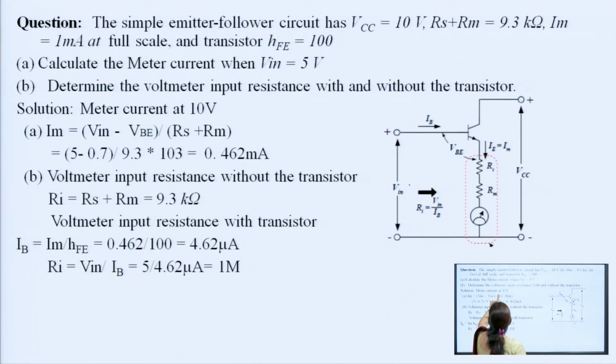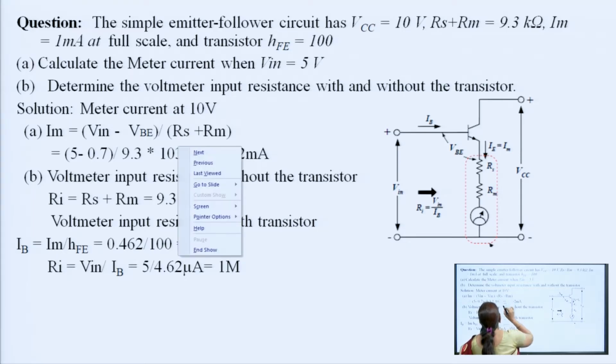First we calculate the meter current at 5 volt. When the input voltage is 5 volt, the meter current Im is equal to V input minus VBE divided by this resistance. So, it is 5 minus 0.7 divided by 9.3 into 10 to the power 3.